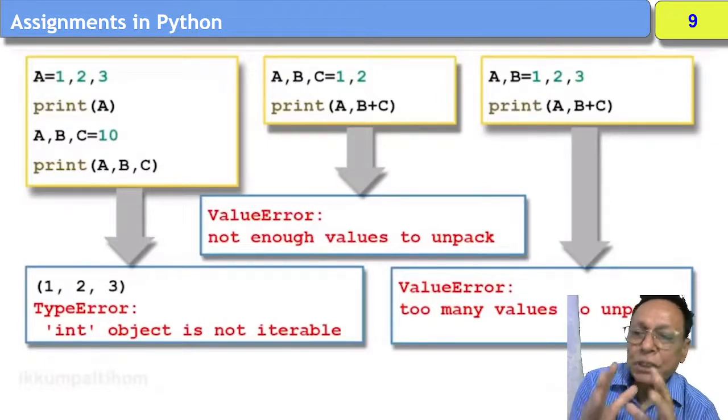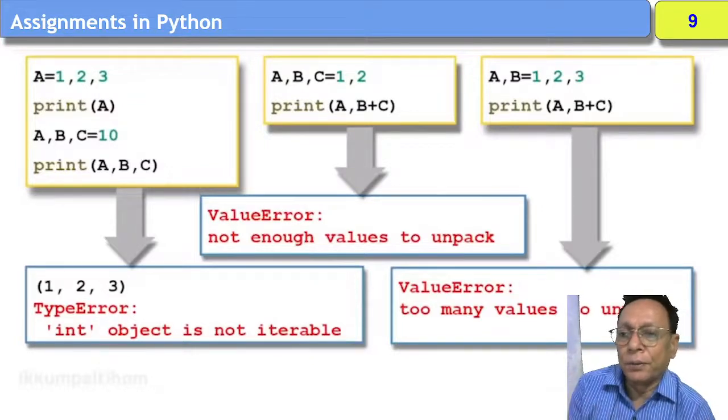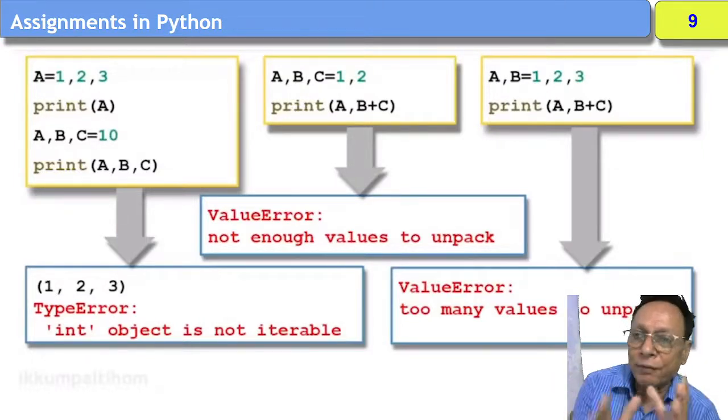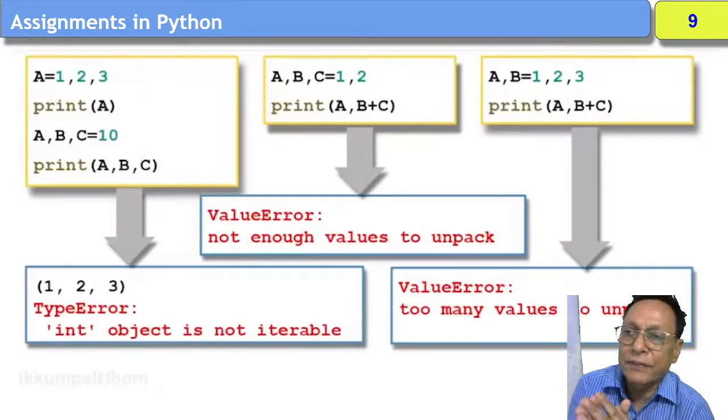So you may see this situation in a paper or in any book, so you must think of the L value and R value as two sides that should be balanced. The number of identifiers on the left side of the assignment operator and the number of literals on the right side should be identical. Otherwise, it shows the error.